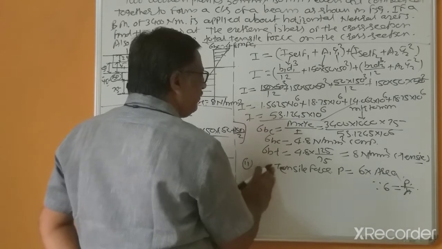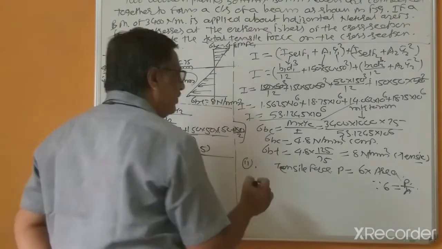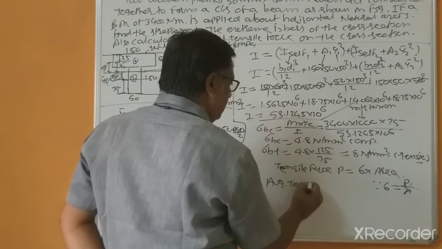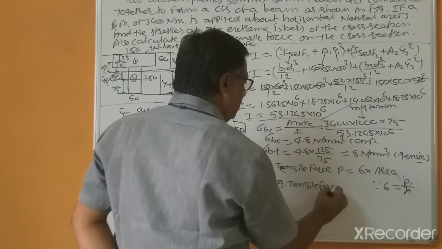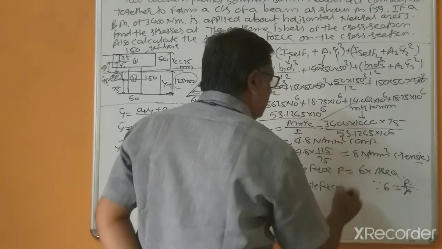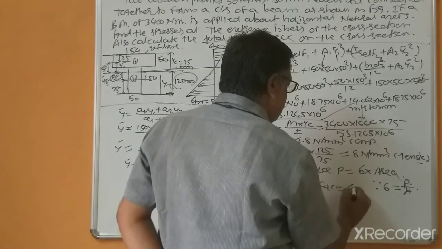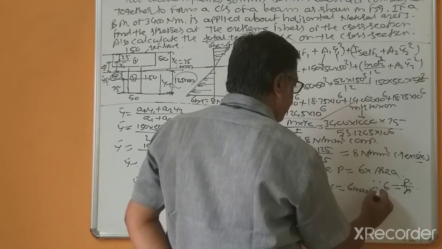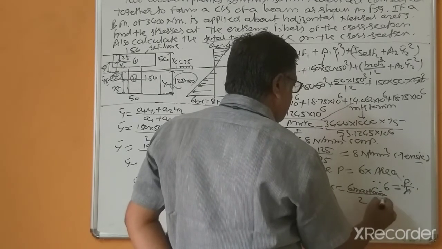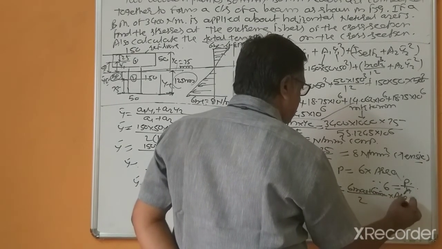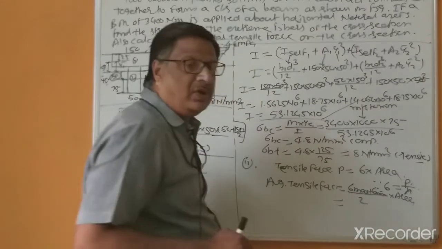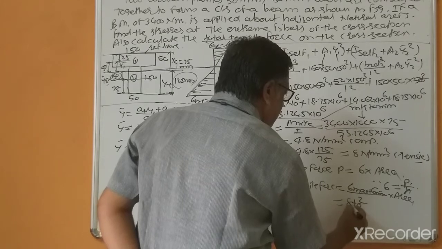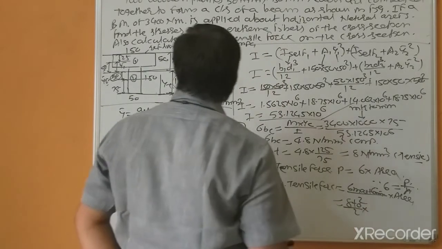So this is tensile force equals. Average tensile force means sigma max plus sigma minimum divided by 2 into area, because here sigma max equals 8 plus 0 divided by 2 into area equals.